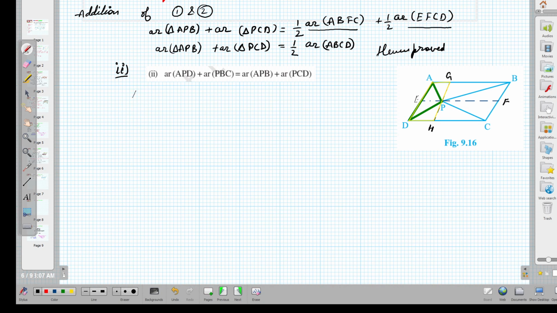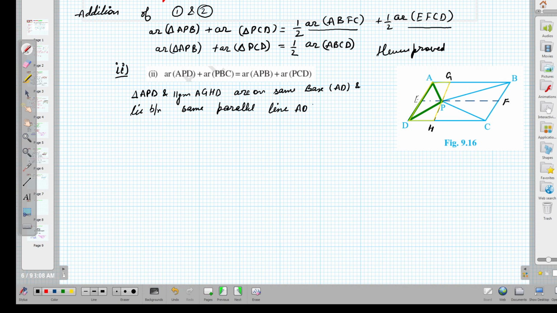वी कैन राइट दैट द ट्राइंगल APD and the parallelogram AGHD, ये दोनों ट्राइंगल क्या है? आर ऑन द same base AD, and lie between same parallel line, that is AD parallel with GH. ठीक है, तो अगर ऐसा है तो एरिया ऑफ द ग्रीन ट्रायंगल APD, right, that is equal to half of the area of quadrilateral.